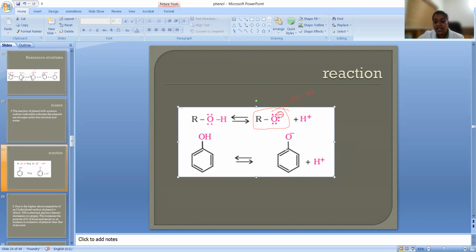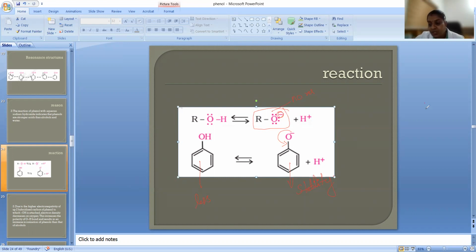But if you are thinking about phenol, what is happening? This phenoxide ion undergoes resonance and it is having more resonance structures, so it is having stability. Now if you compare the stability of phenoxide ion and phenol, phenol is less stable than phenoxide ion. What is the reason?